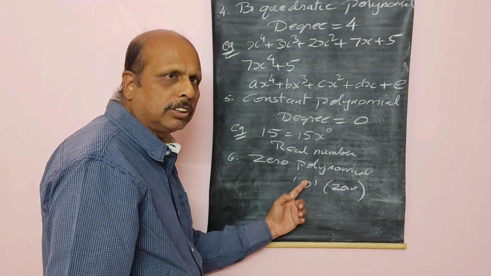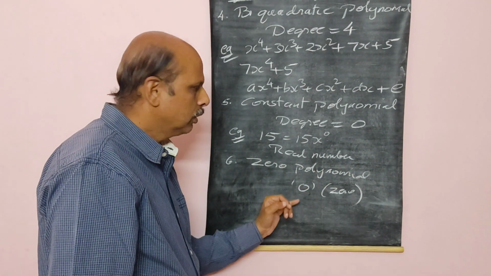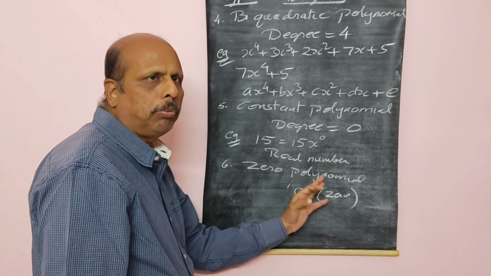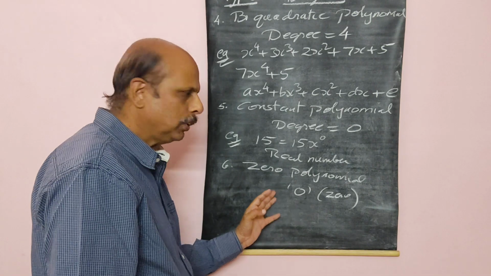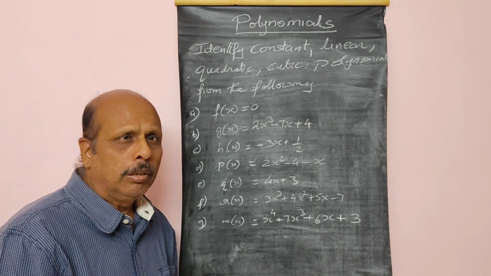Then where do I account for it? So this 0 is accounted as a 0 polynomial. 0 is the only number which is classified as a 0 polynomial. Am I clear? Okay. So now we have seen the different types of polynomials.